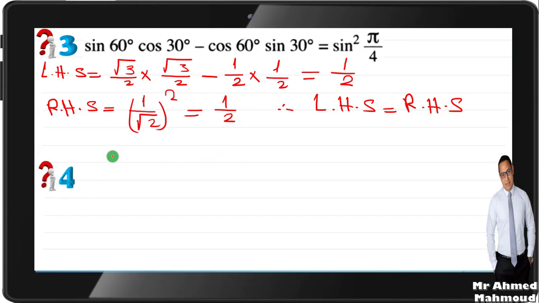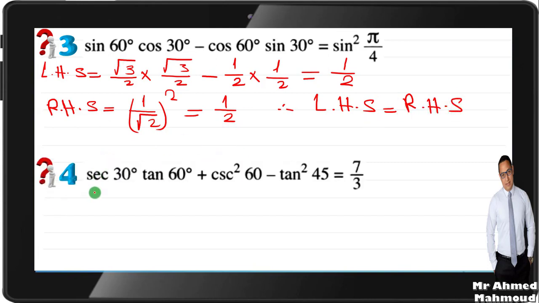Number 4: sec 30, you will evaluate it by 1 over cosine 30. It will be 2 over root 3, times tan 60, which equals root 3, plus sec square 60.